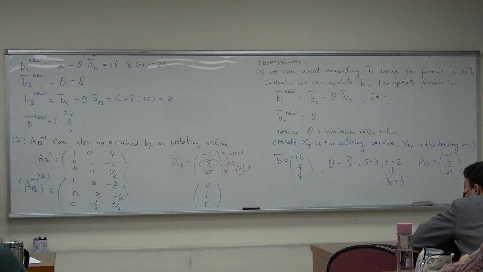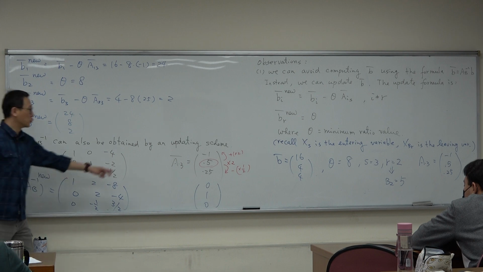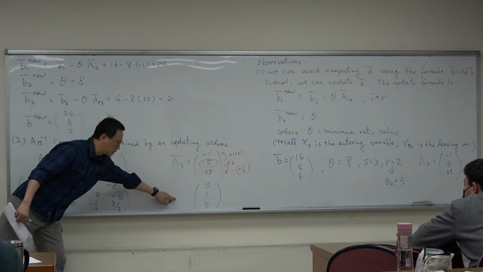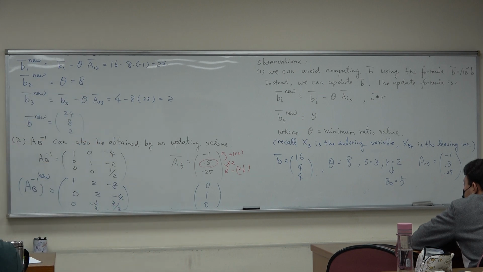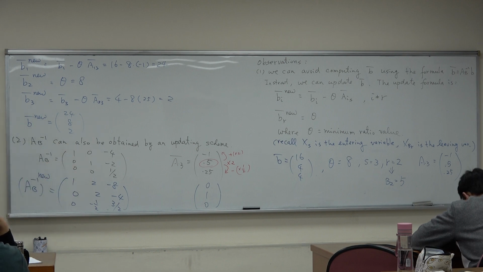So we can utilize the Gaussian elimination to update the matrix. So the key point is here: because we want to transform the basic variable to the stem, the rest of the row will do the same calculation. Like that. Okay? So you can update.